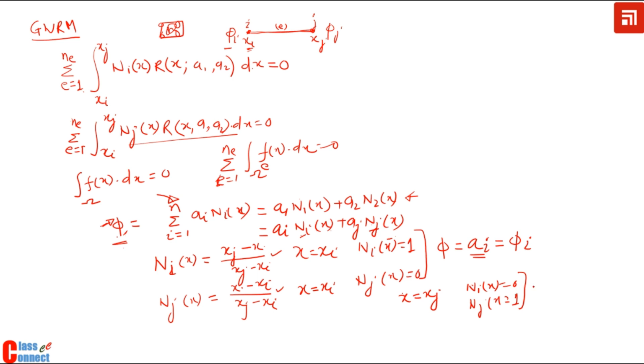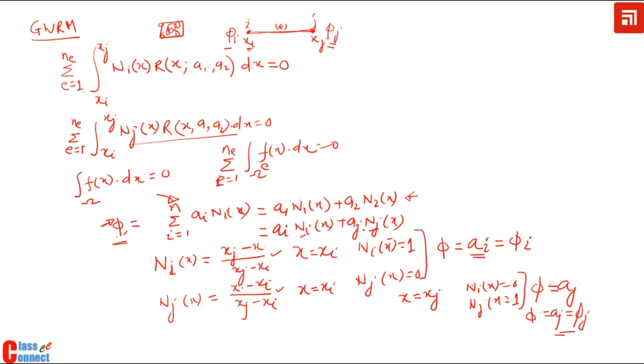It means I get phi is equal to aj. And what should I get otherwise? I should get the value of the nodal variable at node j, that should be equal to phi j. What does it mean? That phi should be equal to aj and that should be equal to phi j.